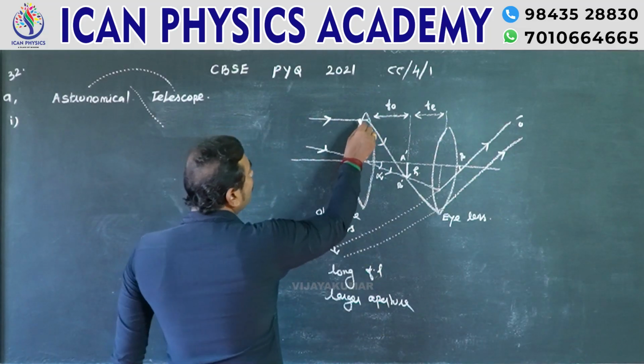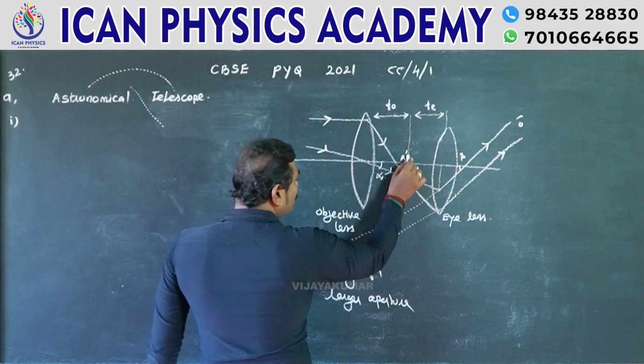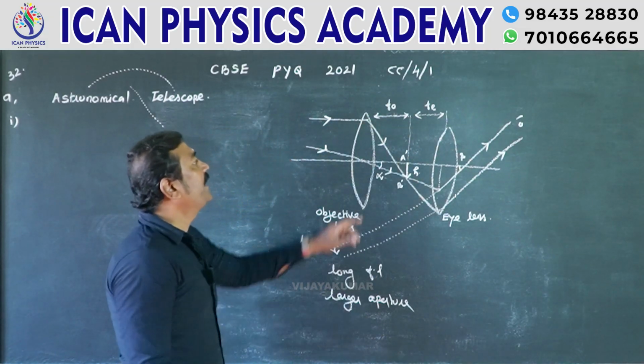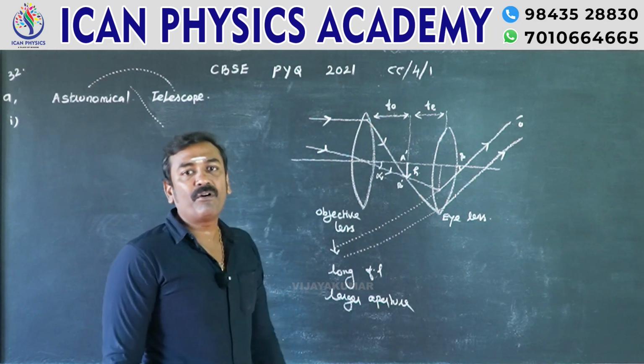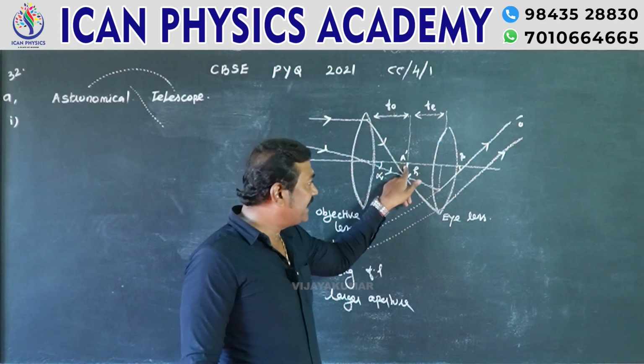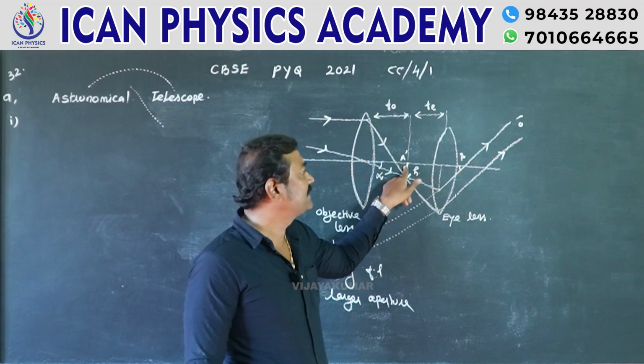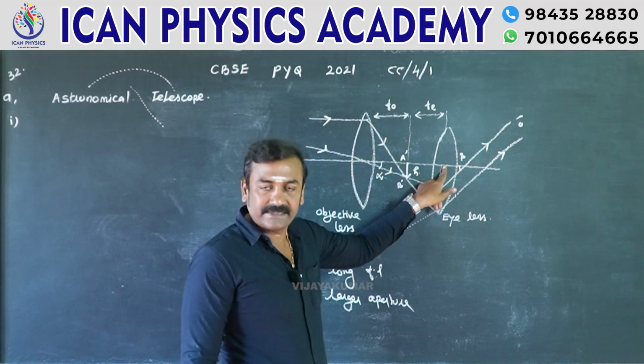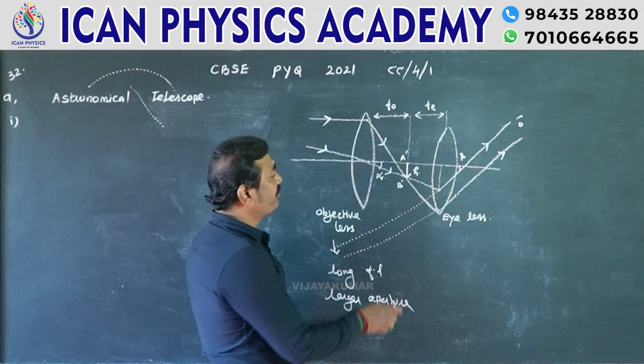Now, the distance from the objective lens to the image formed is f0, that is the focal length of the objective lens. This real image acts as the object for the second lens, the eyepiece.